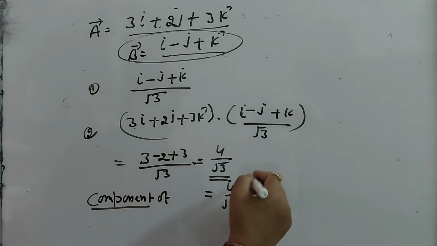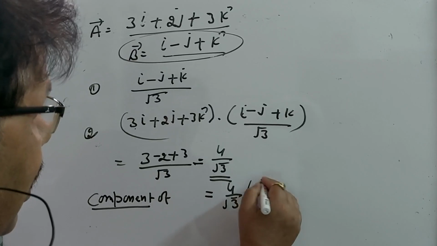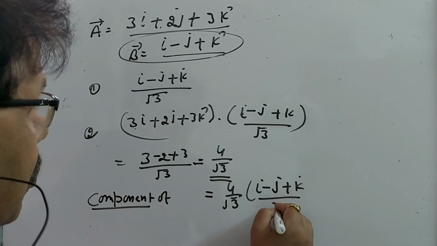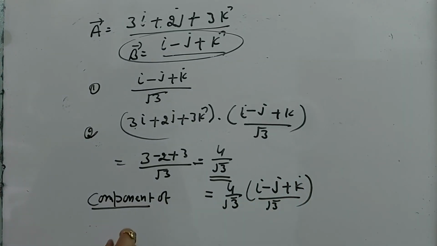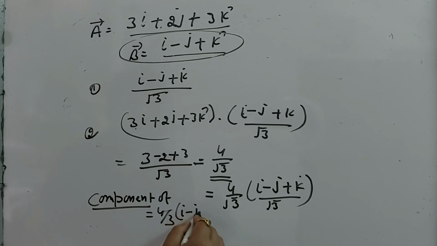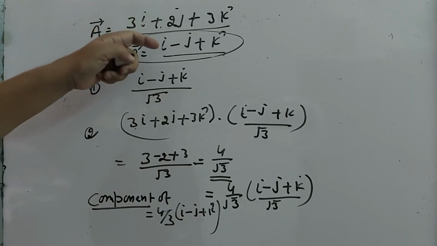The direction is the unit vector along this line, given by i minus j plus k over root 3. So this will be equal to 4 by 3 into i minus j plus k. So this is the component of this vector along this.